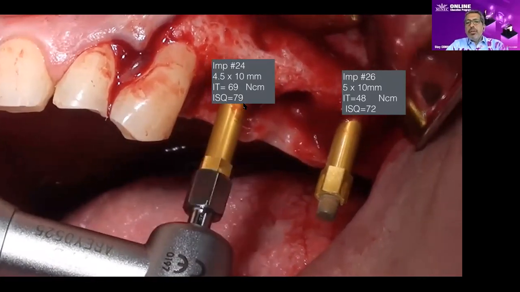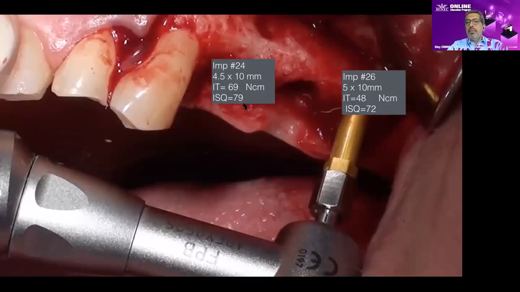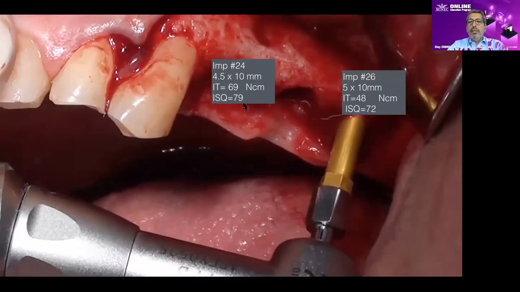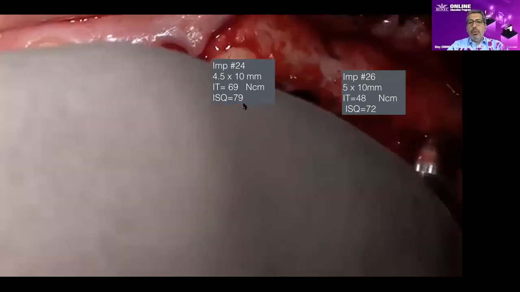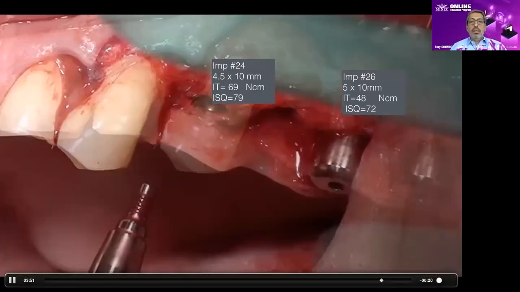So as a first remark, you see that achieving 48 Newton centimeter in the posterior maxilla is something that you cannot always do predictably with any implant system, because you need an implant system that can adapt to the bone. And this is one of the main advantages of this implant that we are using in this study.